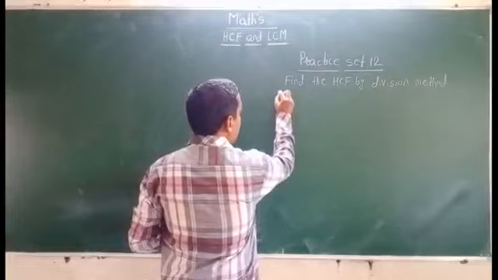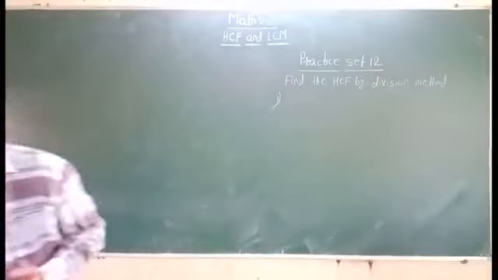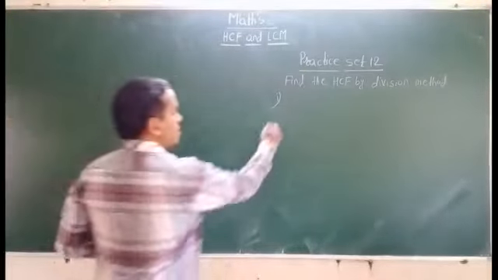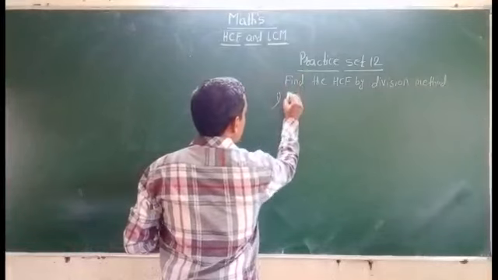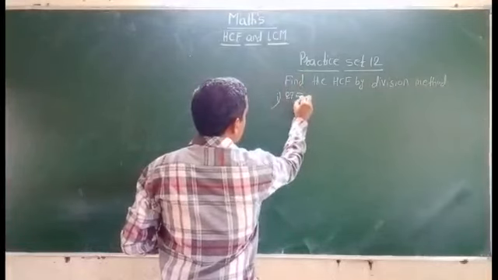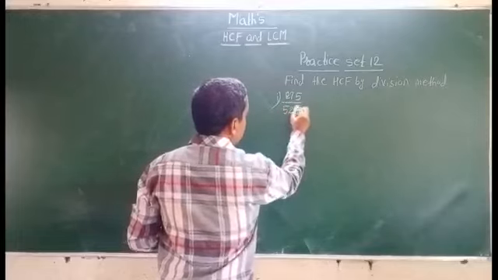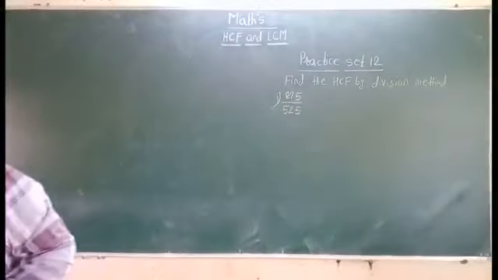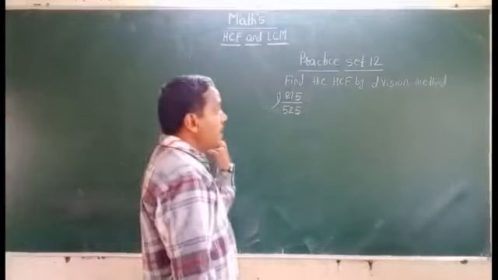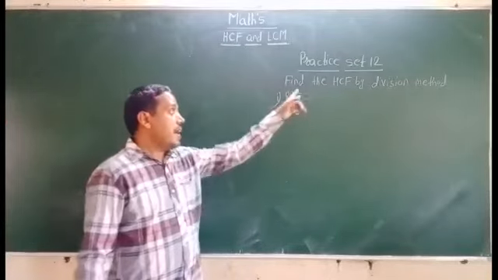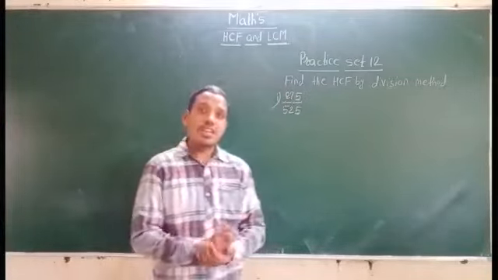We take an example, and in that example the numbers are 275 and 525. We can find the HCF of these two numbers by the division method.